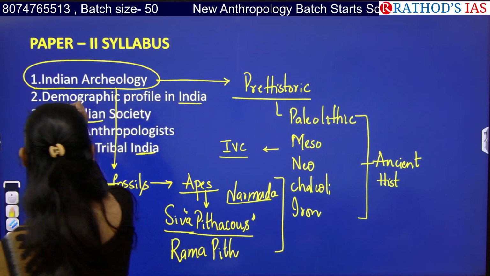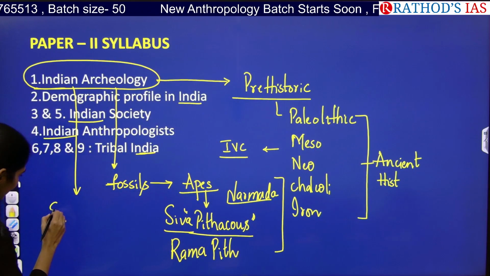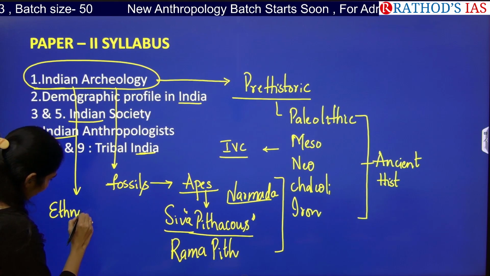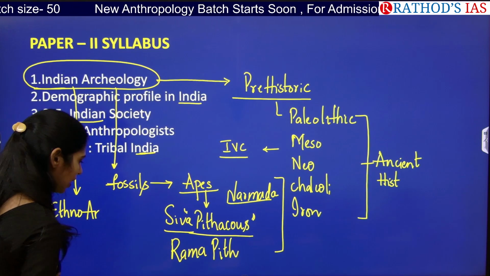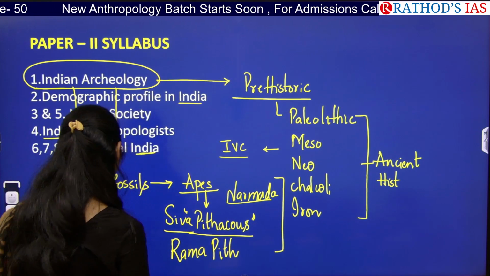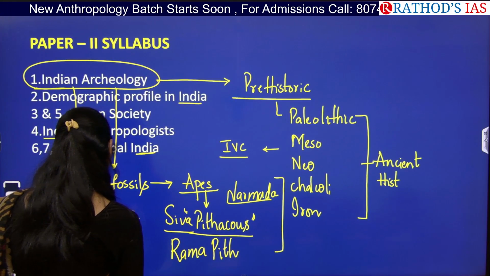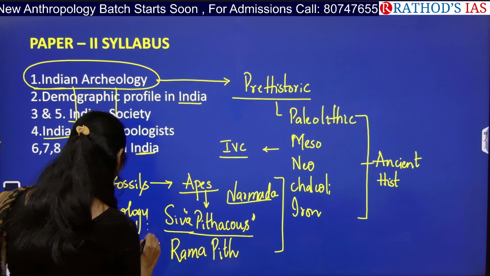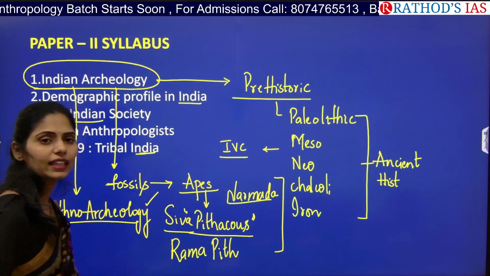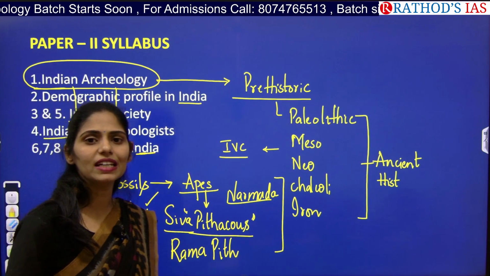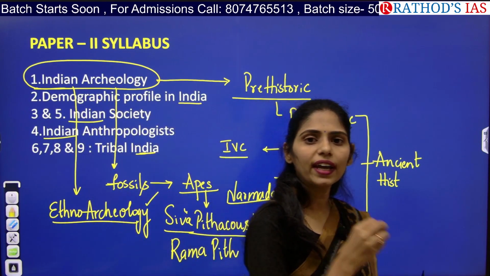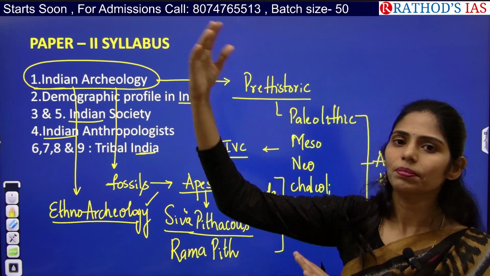And one more interesting area in this chapter here is ethnoarchaeology. So what is this ethnoarchaeology? It is nothing but studying present Indian societies. Why? We have to understand how they behaved in the past.